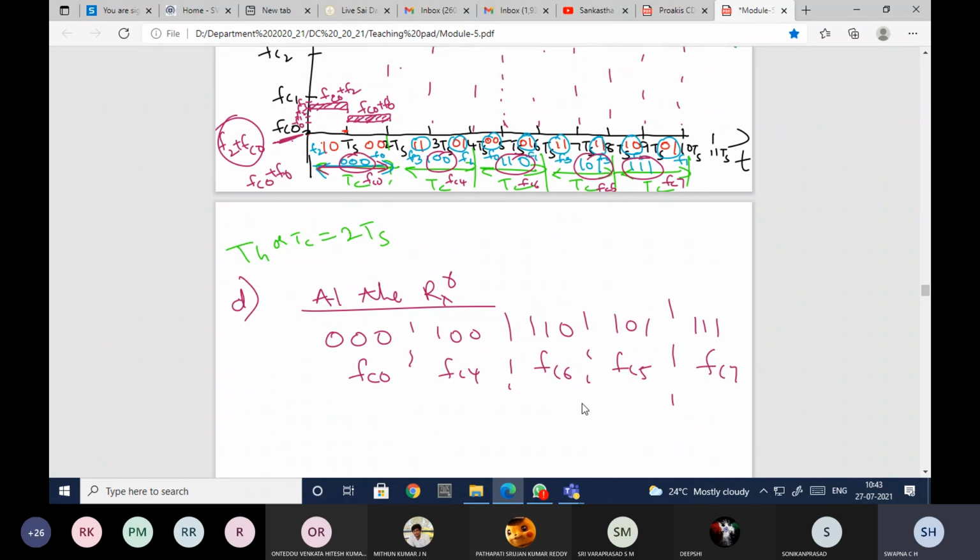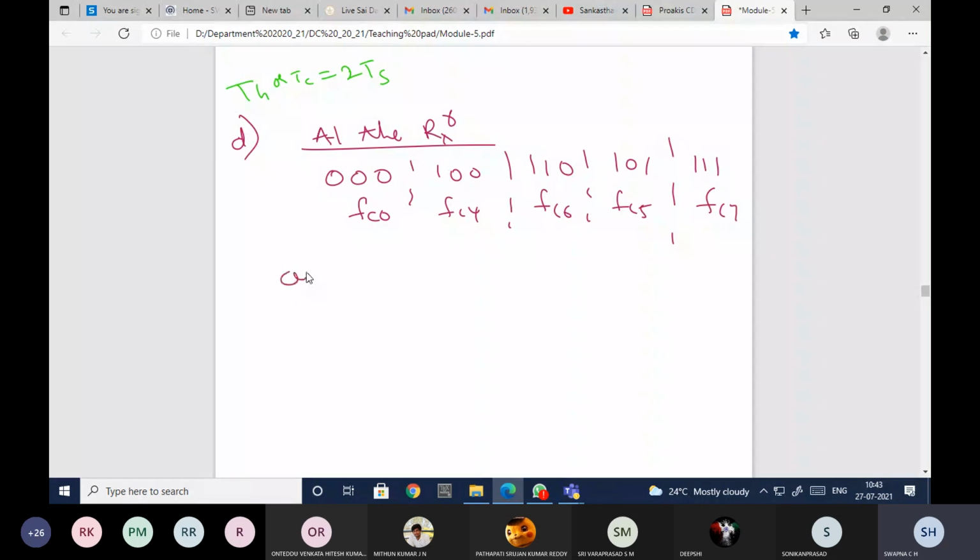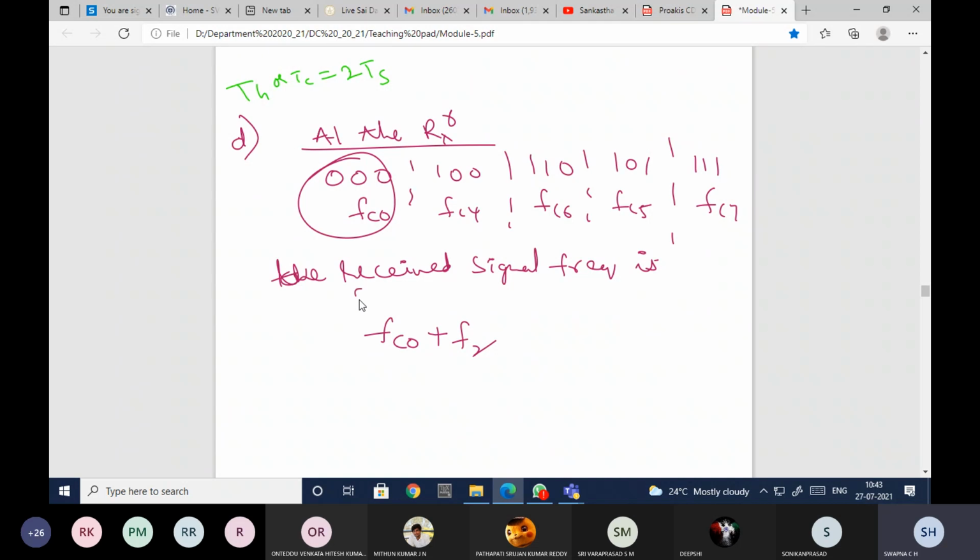So what will happen here? This is the PN sequence generated, and what is being received? The received signal frequency: FC0 plus F2, for 0 0 0.